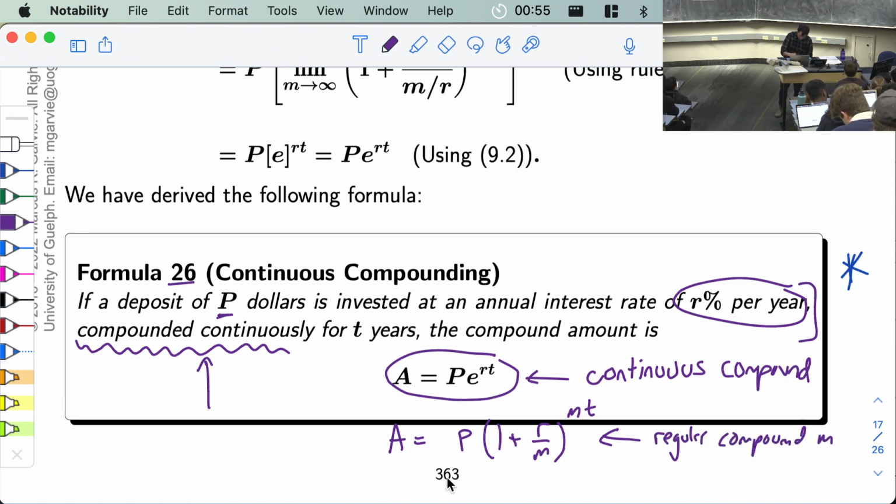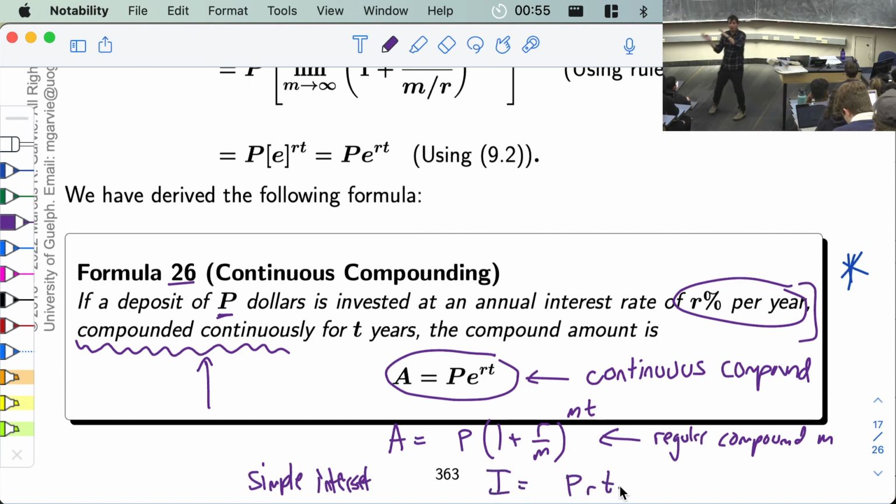And we had this formula for simple interest. That was way back at the beginning of the chapter, and it was I equals P times R times T. So the compound interests are both exponential, and the continuous compound interest involves the letter e. e comes out of nowhere out of this process of continuously compounding.